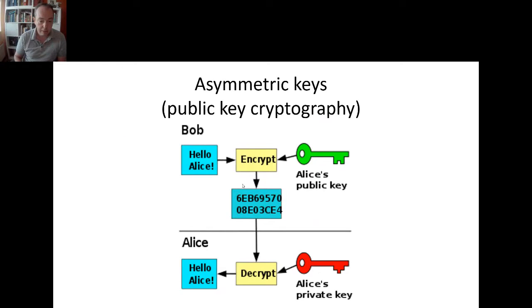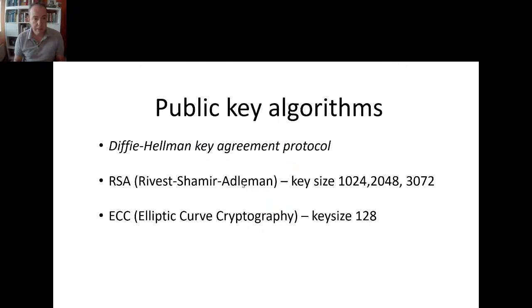And Alice uses her private key to decrypt it. And why is it this way, not the other way around? Because you want to make sure only Alice can read the message, right? Because if I were to encrypt something with my own private key, and I would give the public key to the public, then anyone can decrypt and read it, and that's no use. So in encryption, it's always like this. In digital signatures, it's the other way around, as we'll see in a moment.